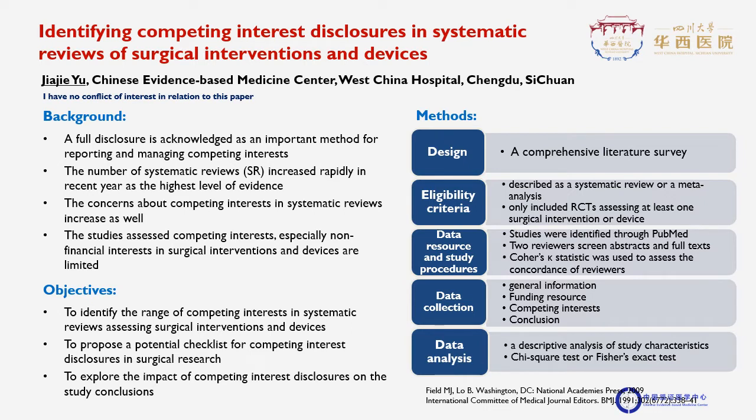The number of systematic reviews has increased rapidly in recent years, providing a comprehensive, critical, and up-to-date method to synthesize available evidence. Meanwhile, studies regarding conflict of interest in systematic reviews have increased, out of concern about suboptimal decisions made by end users due to potential conflict of interest.